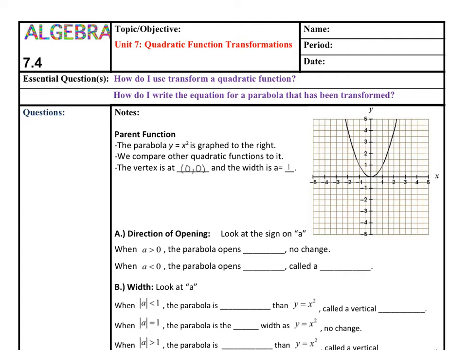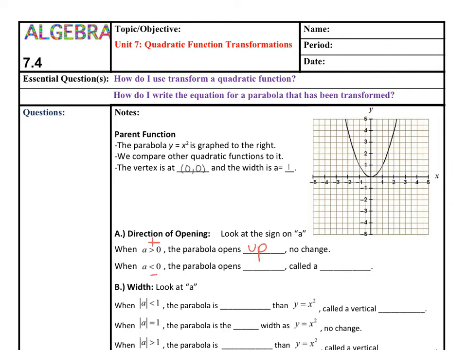First up, let's talk about the way it's opening. You should have already learned this. When we look at the a value, we know whether it opens up or down. If the a value is positive, or greater than 0, then the parabola opens up and doesn't change anything from the parent function, because the parent function opens up, right?